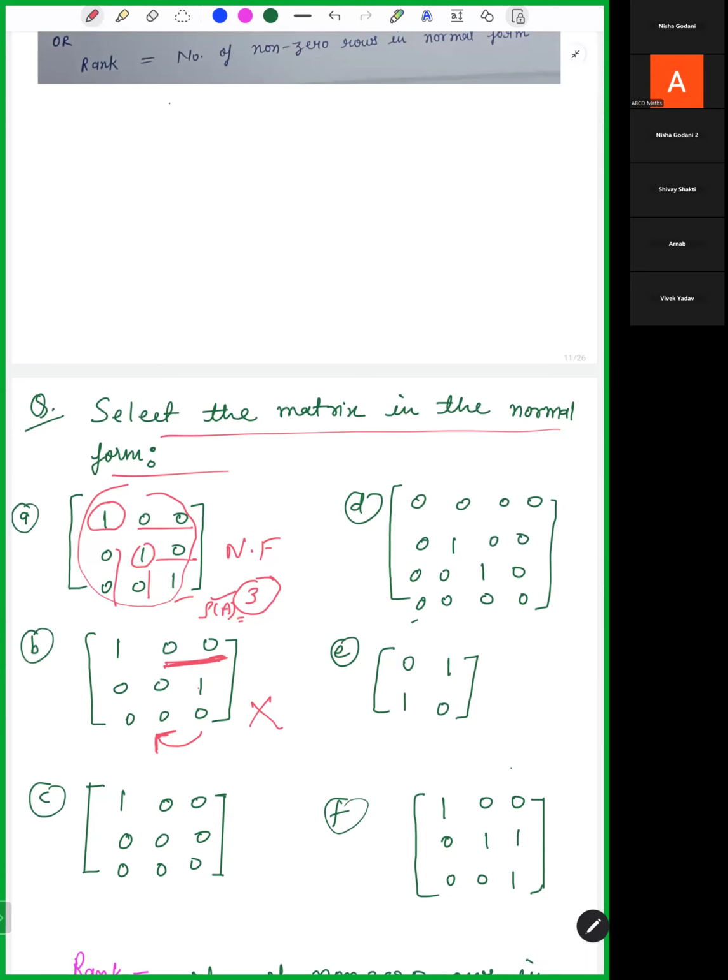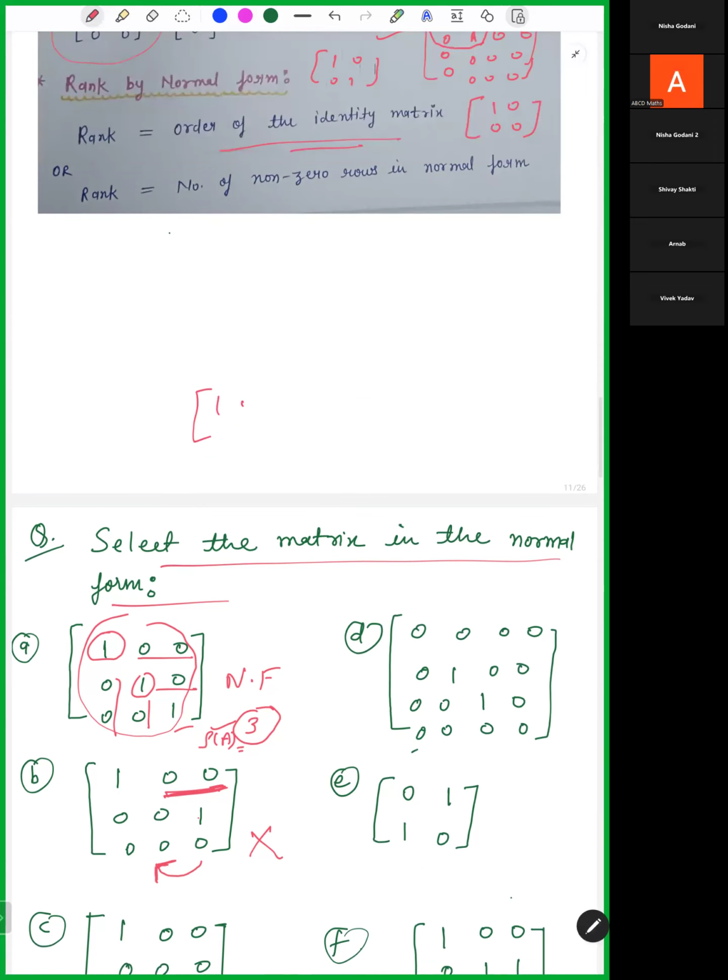Why? Is there an identity matrix of any order? Can you tell me the identity matrix of order 1? You know that the identity matrix of order 2 is 1 0 0 1. This is the identity matrix of order 2. You know the identity matrix of order 3.